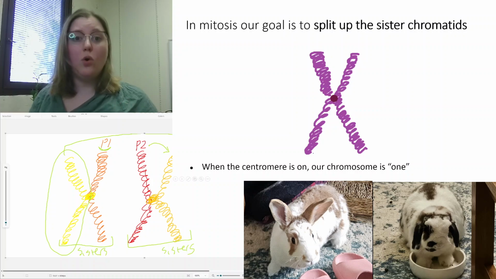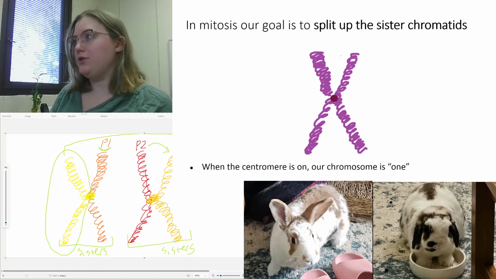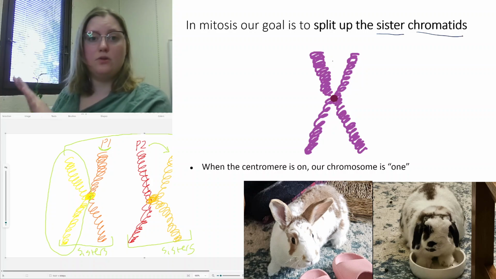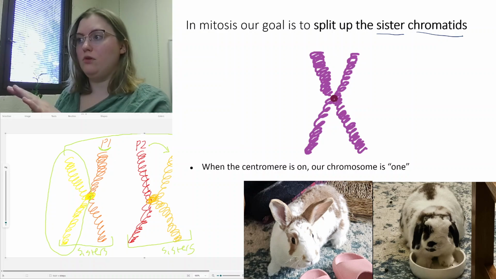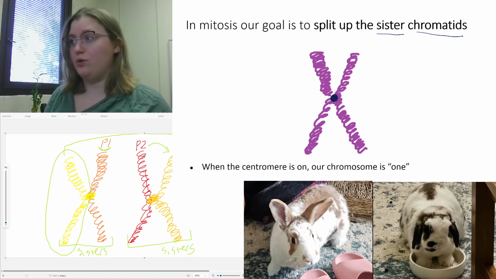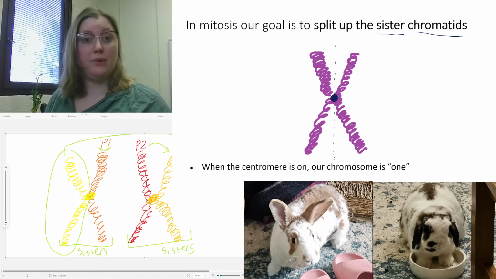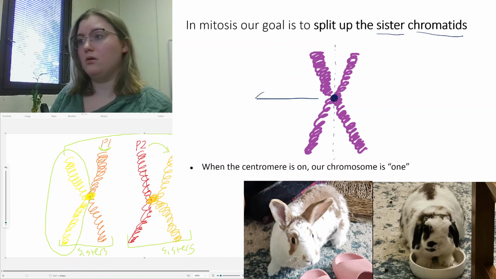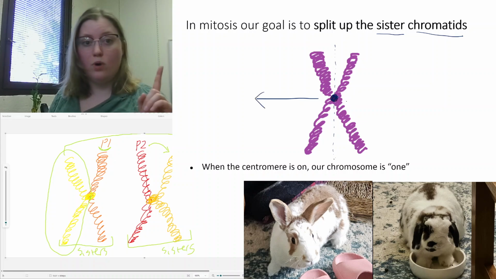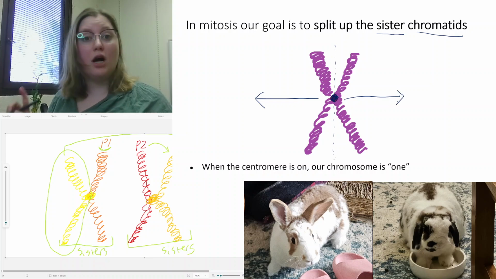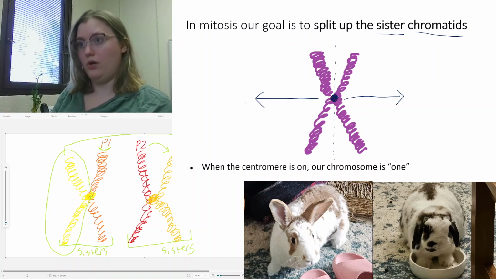So our goal in mitosis is to split up sister chromatids. So on this chromosome, when it is connected at the centromere, it is one chromosome, okay? Our goal in mitosis is to separate our copies and put one copy in one cell and put the other copy in the other cell, okay?